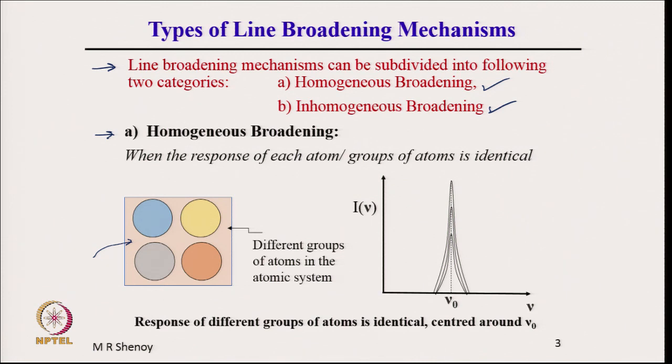If the response of each atom or each group of atoms is identical, then if nu 0 is the line center, the response will be spread around nu 0 for all groups of atoms. Each group of atoms contributes to the same spectrum, and therefore, if more and more atoms contribute, the response goes on increasing, becoming stronger and stronger, but all the while centered at one frequency nu 0.